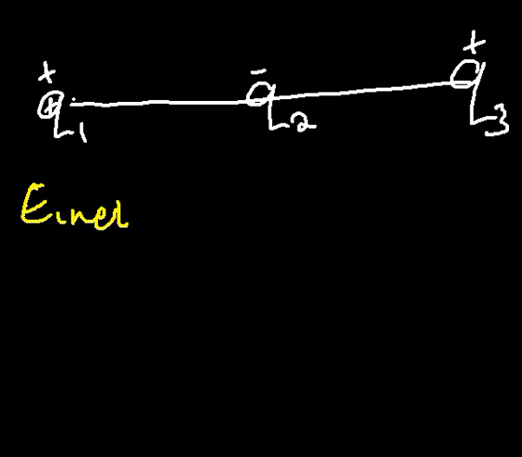Now how about the net electric field at some point? Let's say this is a point Q. What would be the net electric field at a point Q? The principle remains the same.